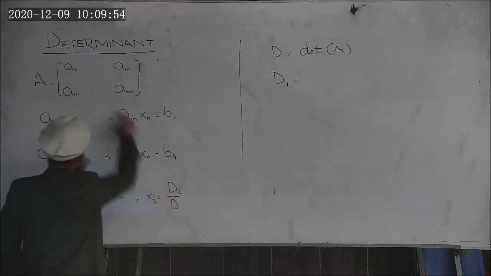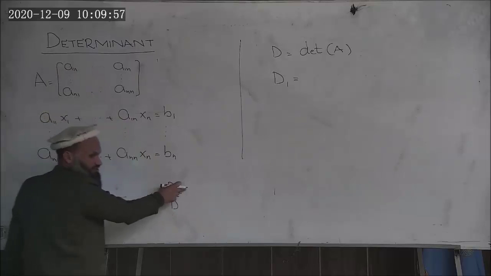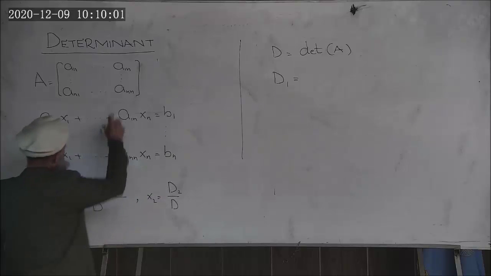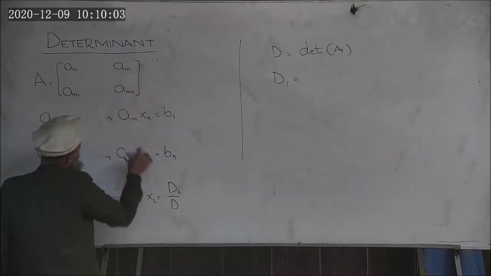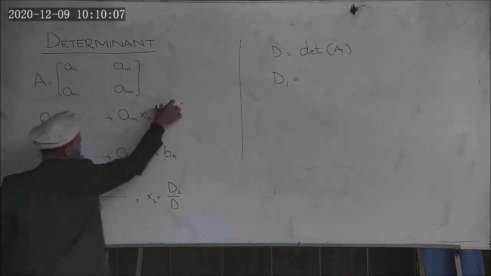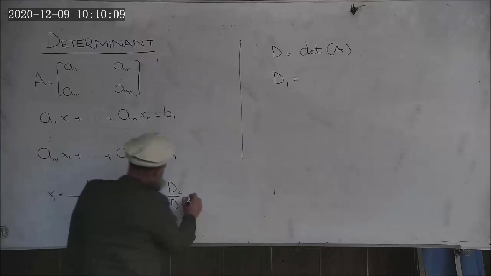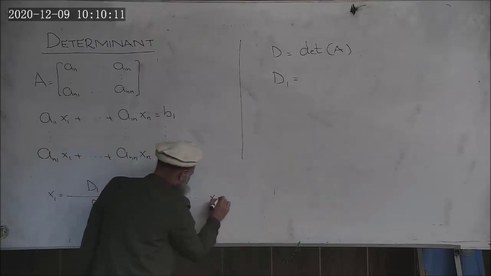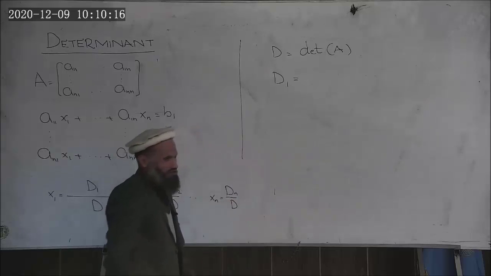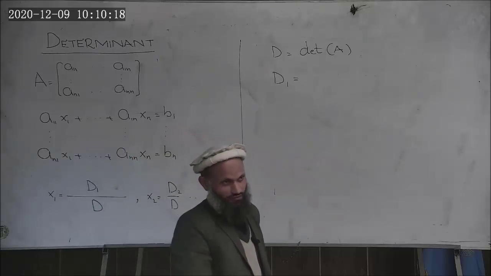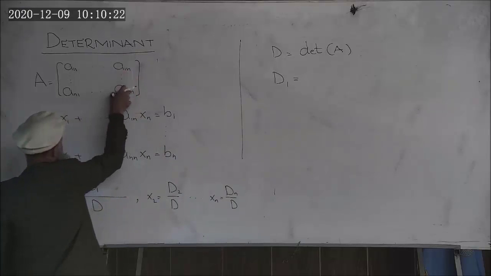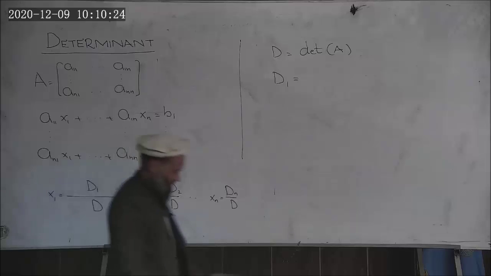This d is the determinant of this matrix. d2 is the determinant of a matrix obtained from this matrix by replacing the second column with the right hand side, and so on. xn is equal to dn by d. dn is the determinant of the matrix obtained from this matrix by replacing the last column by the right hand side.